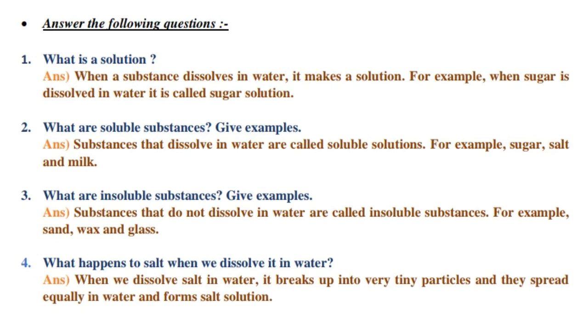Question number 4. What happens to salt when we dissolve it in water? Answer. When we dissolve salt in water, it breaks up into very tiny particles and they spread equally in water and form salt solution.